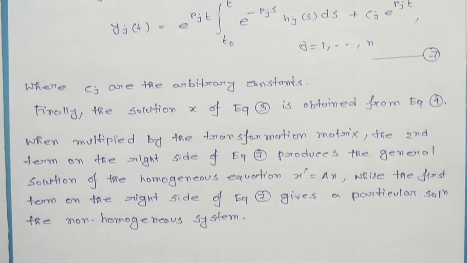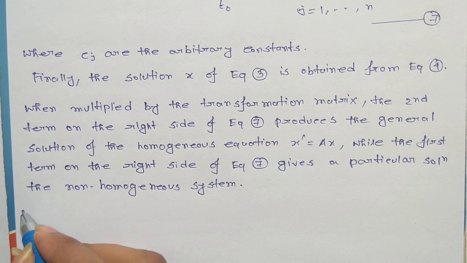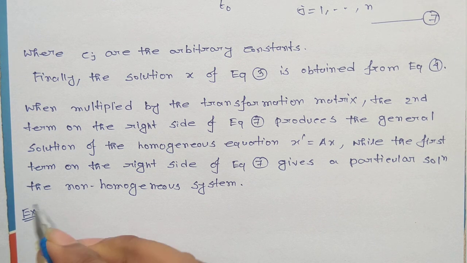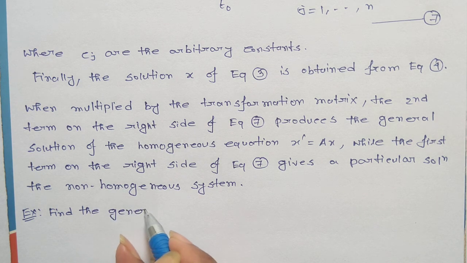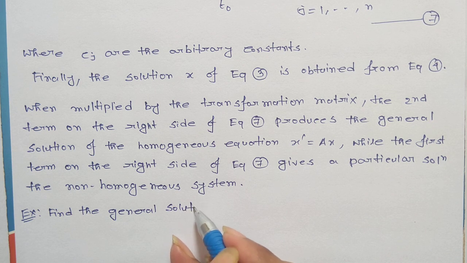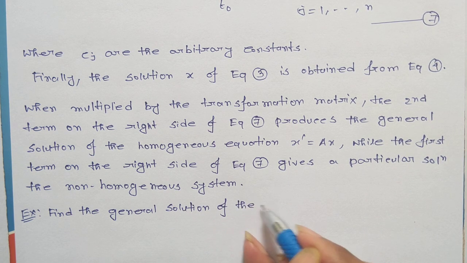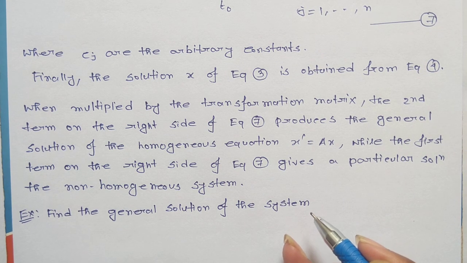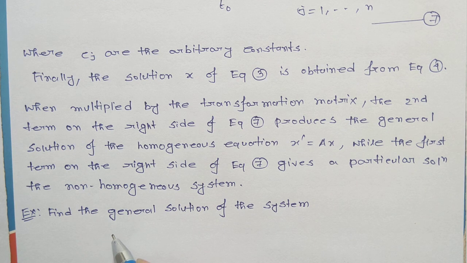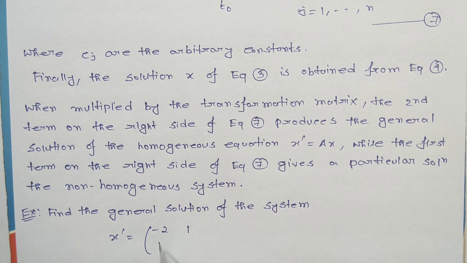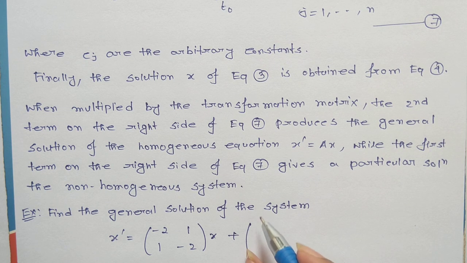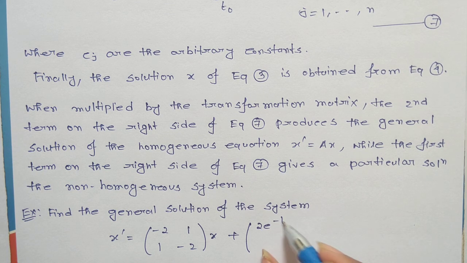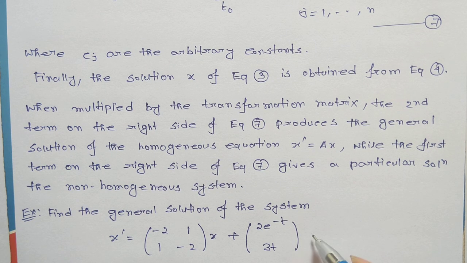Now let's take an example of this. Find the general solution of the system x dash equals the matrix [-2 1; 1 -2] x plus [2e^(-t); 3t].